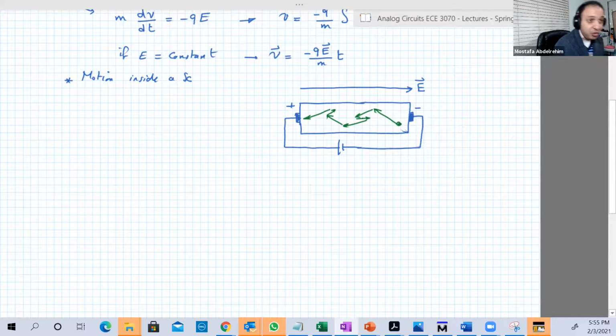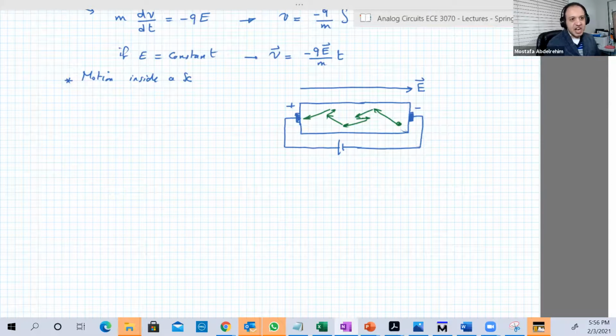All these vectors, if you add them together, you will have a net vector in a straight line opposite to the electric field. That's why the electron can make it from the negative terminal to the positive terminal, opposite to the electric field. But it will not be a straight line. It goes up a little, down a little, but all the time there is a net velocity opposite to the electric field.